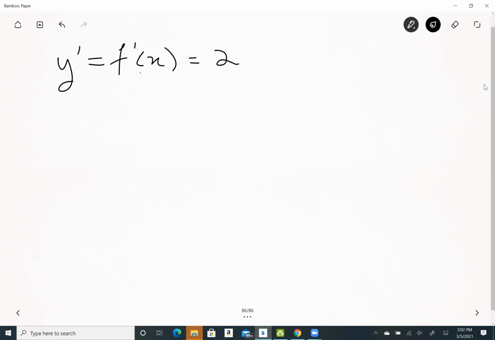Now, what is the function that if I differentiate, I got 2? So you have to find that. When you have a constant derivative, the function must have x. Now what is the power of the x?